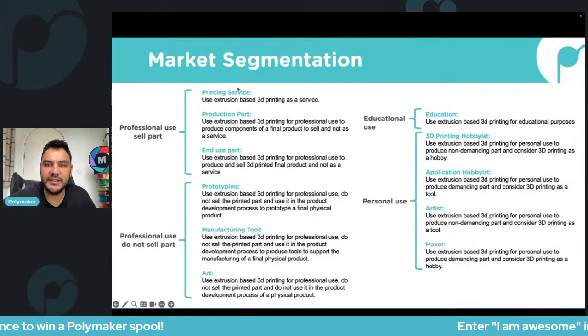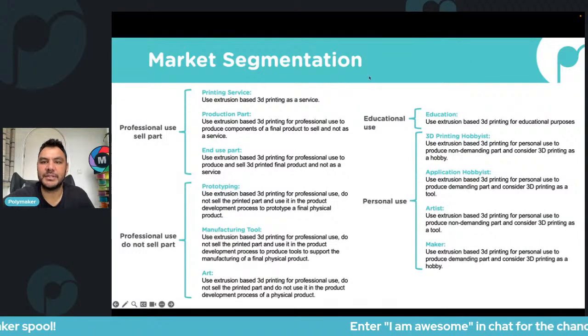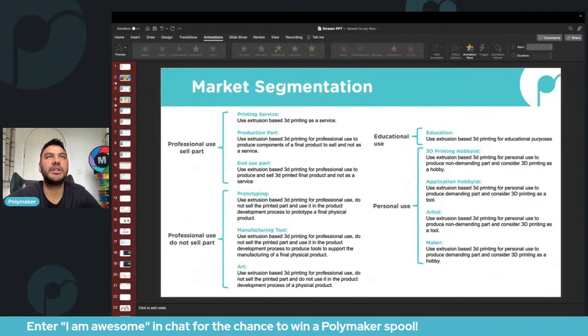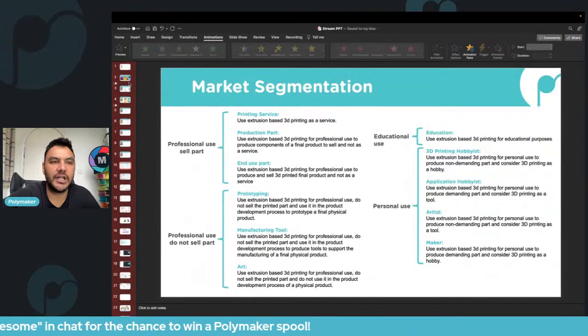So now you divide the market into these segments. This is just a small introduction on how the segments work.